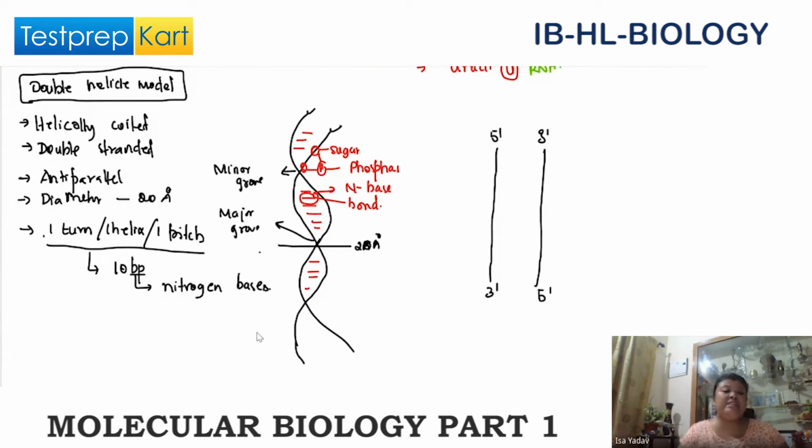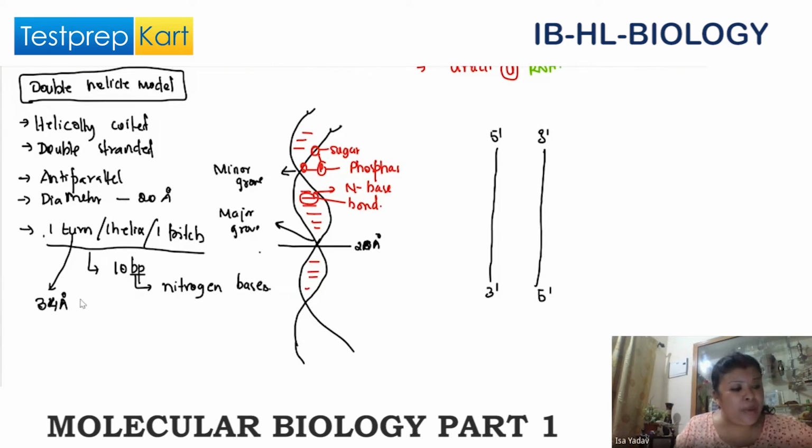Okay, we'll see what this base pair is. So the measurement, one turn measures 34 angstrom, and one helix has 10 base pairs. Sana, please also keep in mind that when we study this DNA structure, we measure not only in angstrom, but in nanometer also.